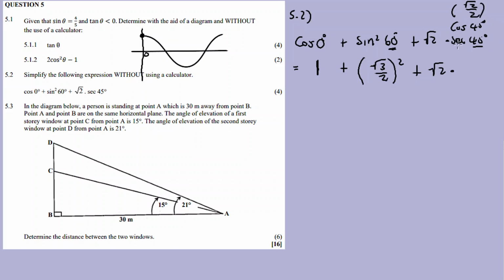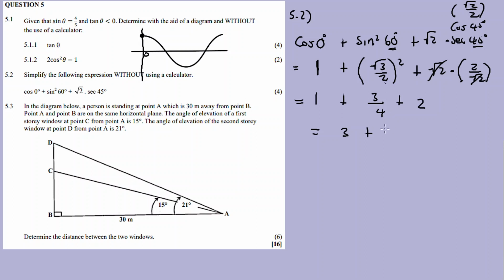But sec, since it is the opposite of cos, I just flip the fraction. It will be 2 over square root 2. So it's 1 plus square root 3 squared is 3, 2 squared is 4, and the square root 2 cancels with the square root 2, leaving 2. 2 plus 1 is 3.